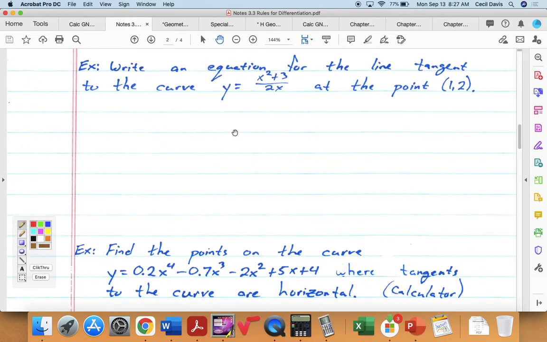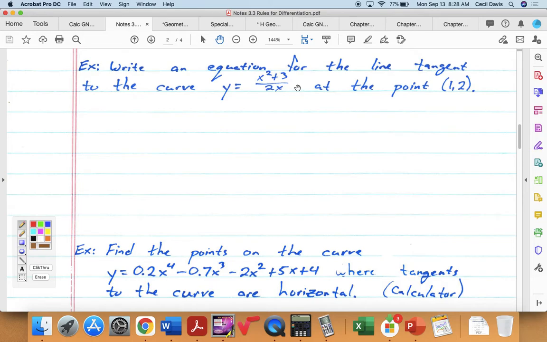So let's say we want to write an equation for the line tangent to the curve y equals x squared plus 3 over 2x at the point 1, 2. Well, the nice thing about this is they went ahead and figured out the y coordinate for us. So we just need the slope. Now, when you have something like this, we don't have a rule for something like that.